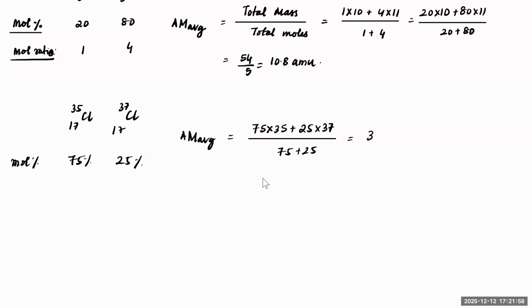So that comes to 35.5 AMU. This one is clear, right? Yes, sir.